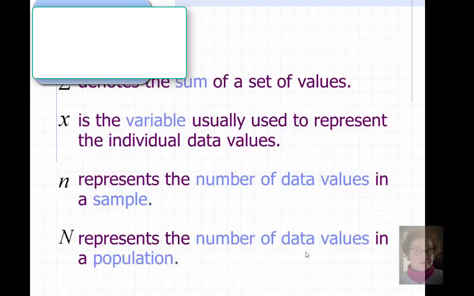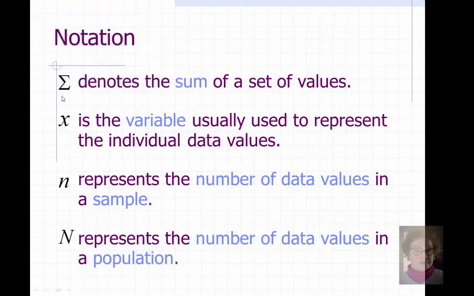Now we have some important notation. This first symbol, which looks like a fancy capital E, is a capital Greek letter sigma. When you see that in front of something, that means you add up whatever follows.